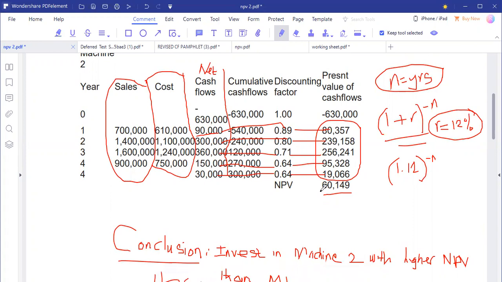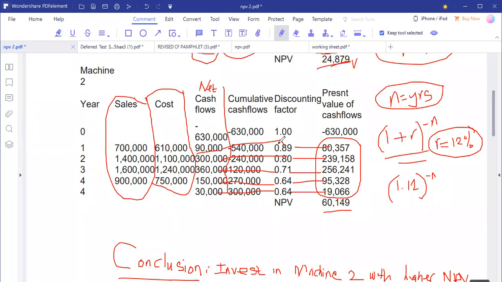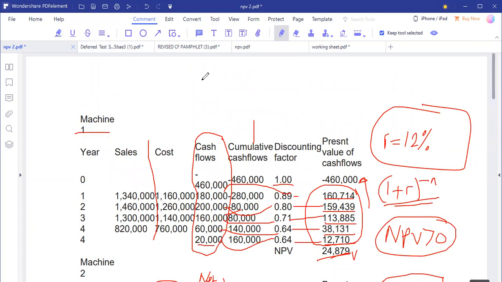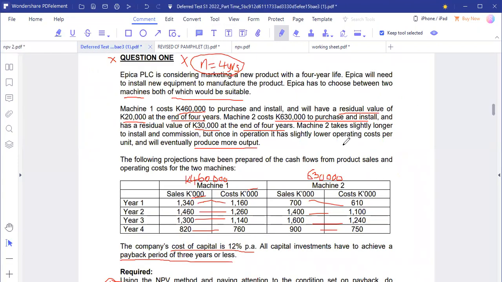So you select a machine that will give you the highest possible net present value. All right, so this is on this project evaluation technique in terms of the net present value. Unless there are any questions concerning this question we've looked at so far.